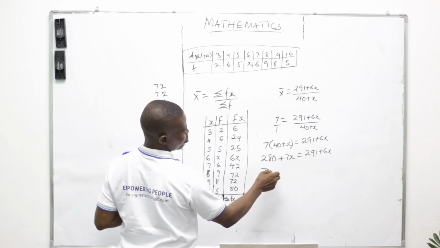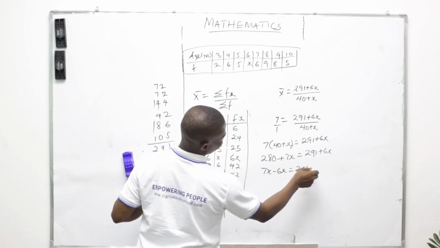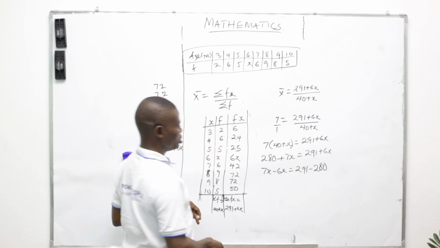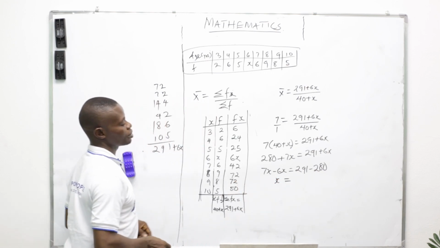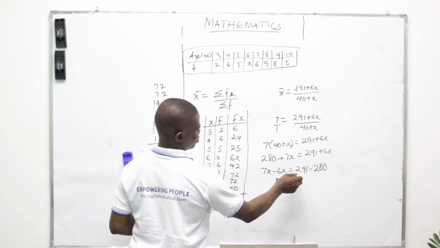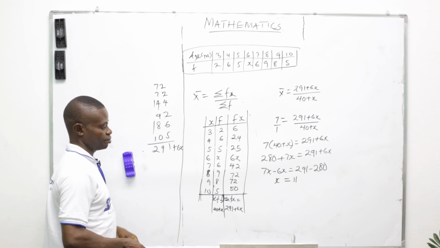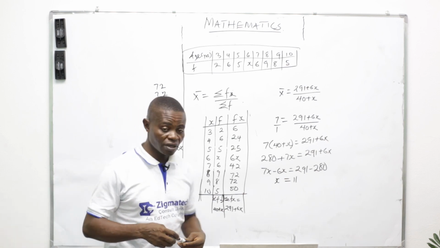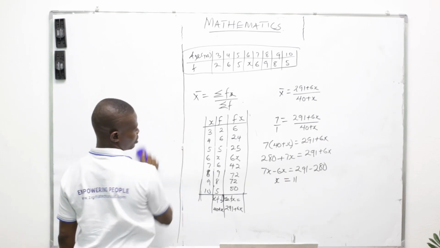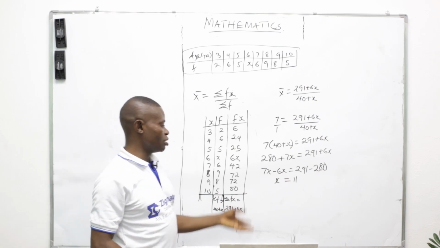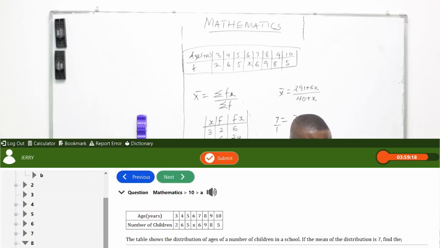Then 7x minus 6x equals 291 minus 280. 291 minus 280 is going to give us 11. Okay? Yeah, it is 11. Therefore, x is 11. The question says find the value of x. You now let them know that the value of x is 11. Let's check the next thing they are looking for.